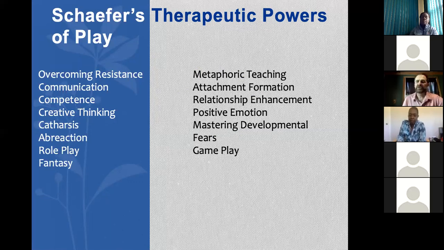The relationship enhancement part is especially important because of the safety that it provides. If you look at the research on how counseling or any form of therapy works, you'll find that a lot of the research is pointing to the therapeutic relationship as being the main consistent factor.